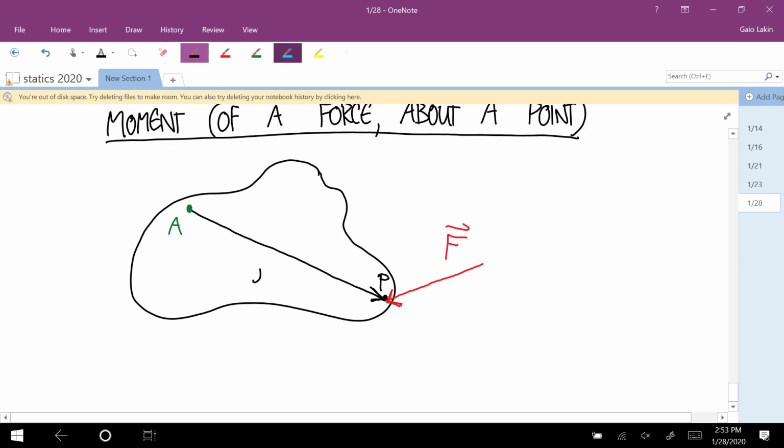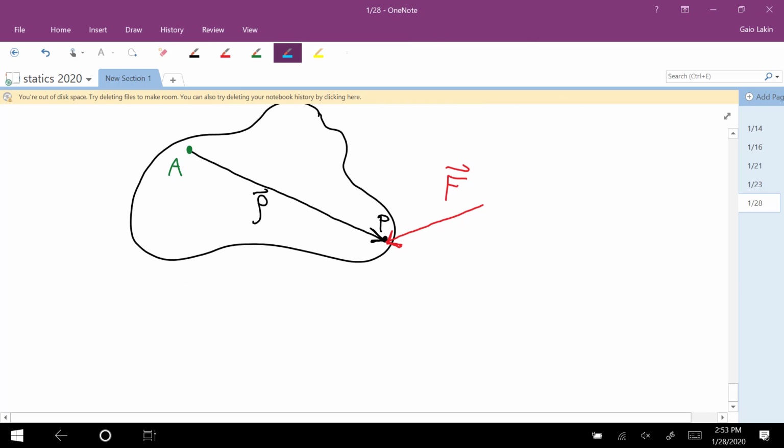And we'll call that vector rho, the Greek letter rho. So let me name these things first. A is the point the moment is calculated about.